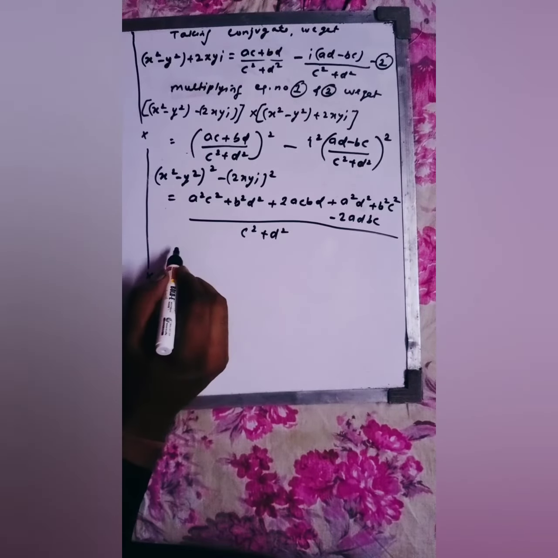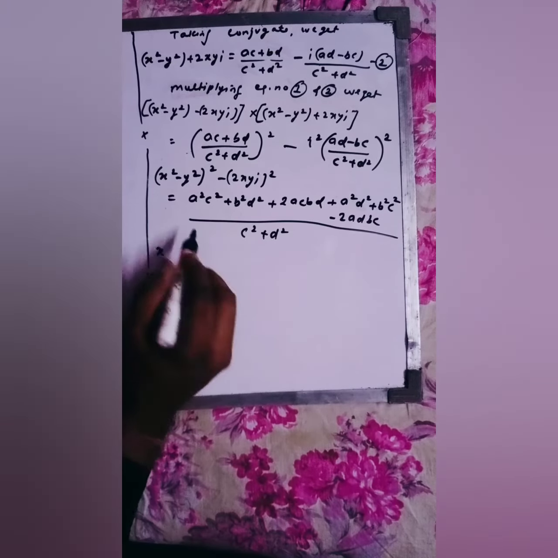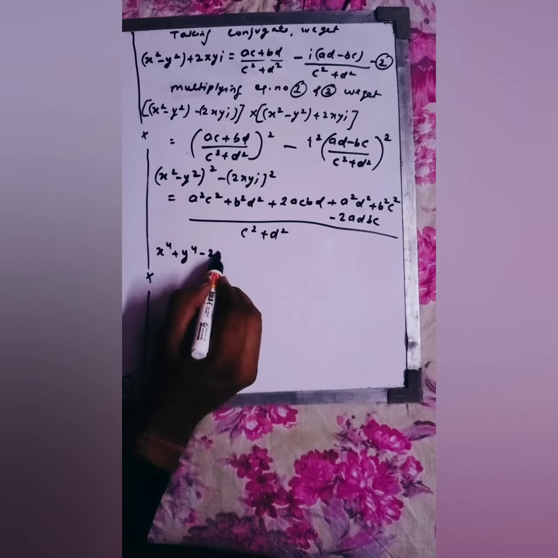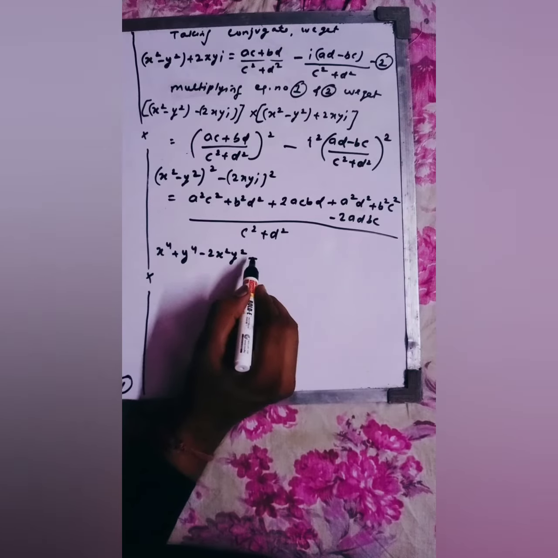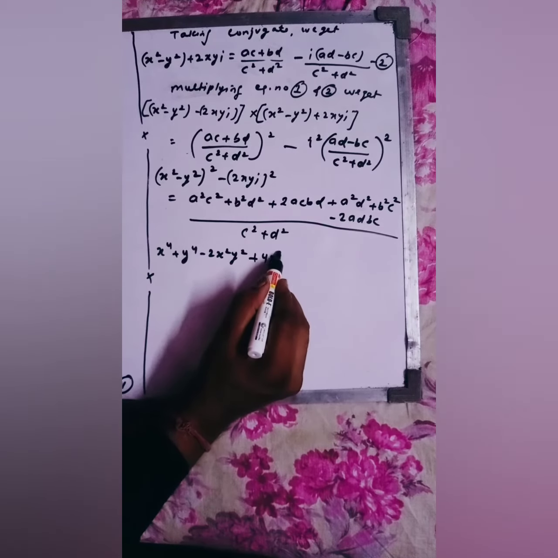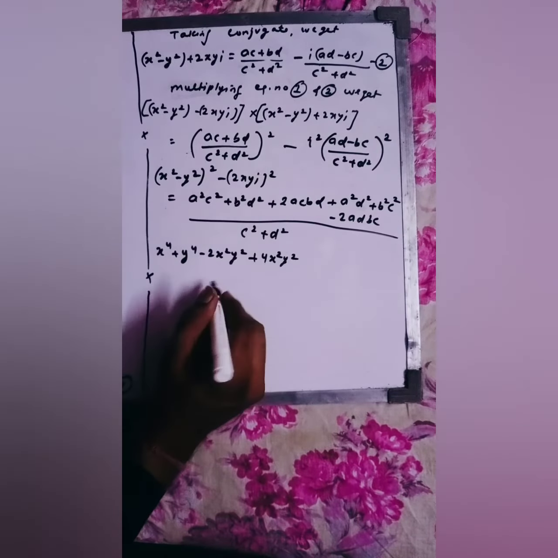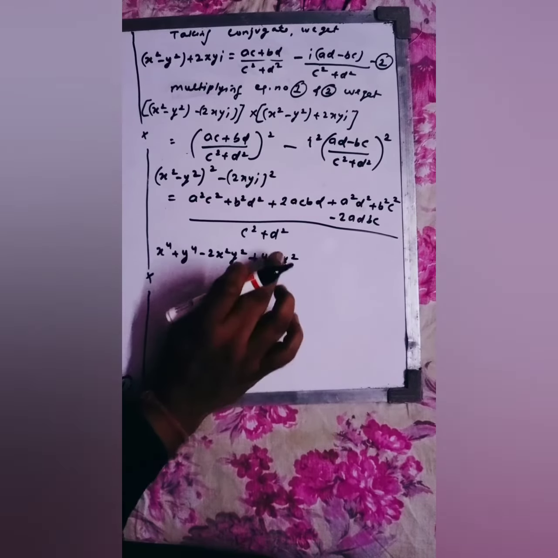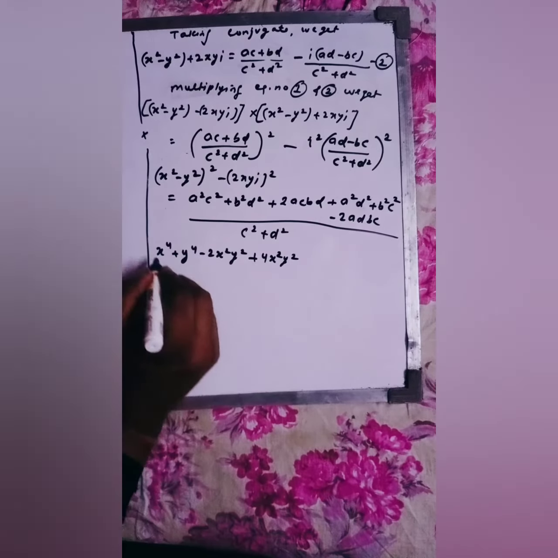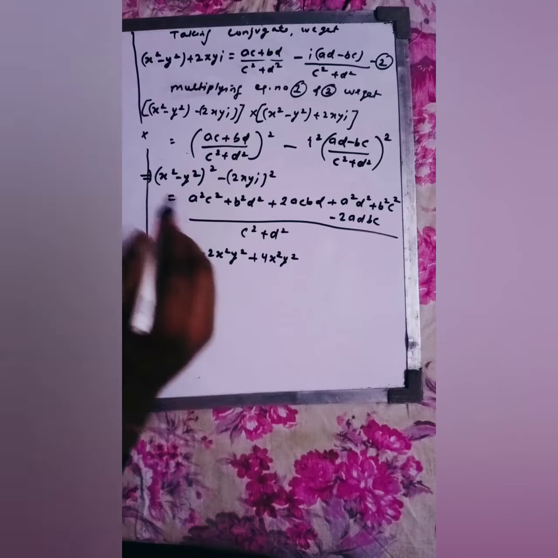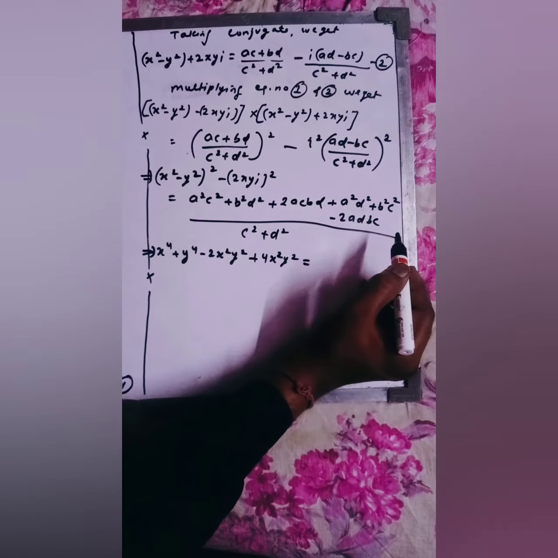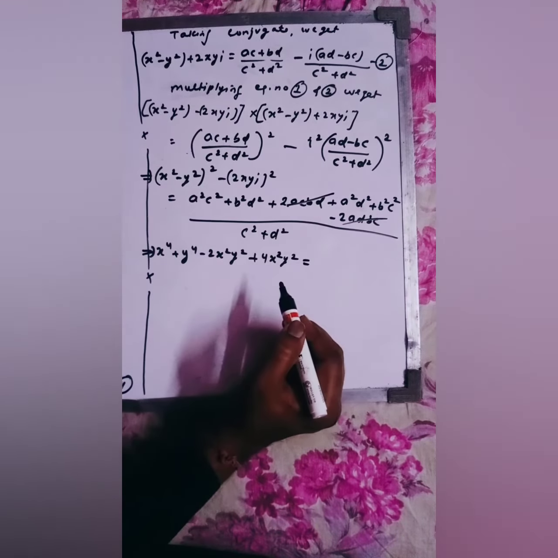So solve this. This is your x to the power 4. When you open this, x to the power 4 plus y to the power 4 minus 2x square y square, and this would be plus 4x square y square when you open this, because this iota square will come, iota square will make it positive, and the square of this would be this one. Okay. Equals to, here this 2ab, this and this term will cancel out.